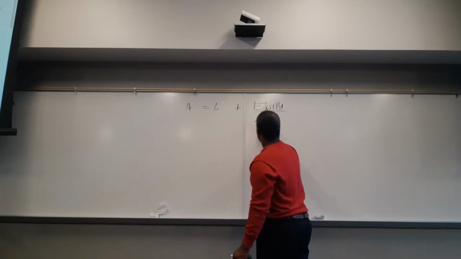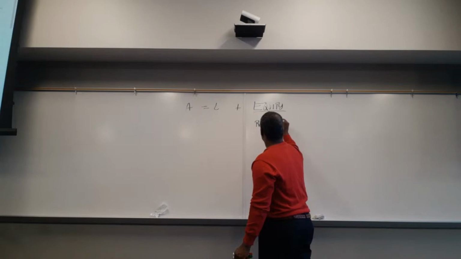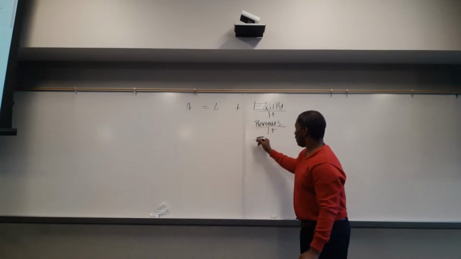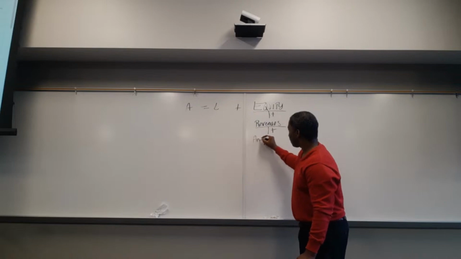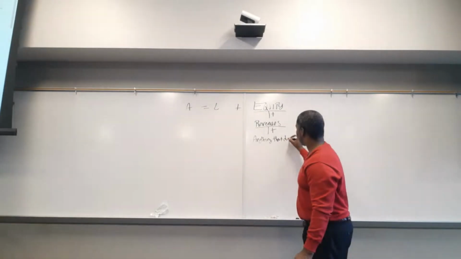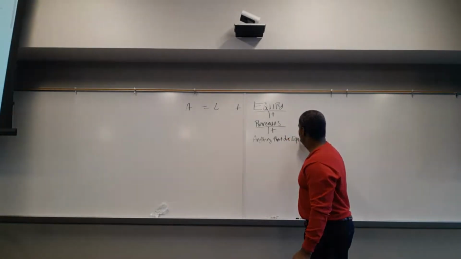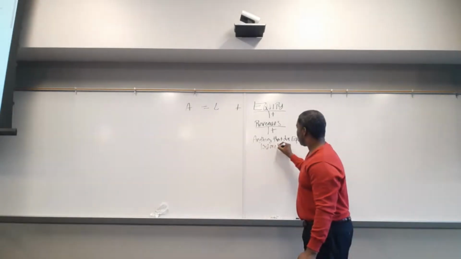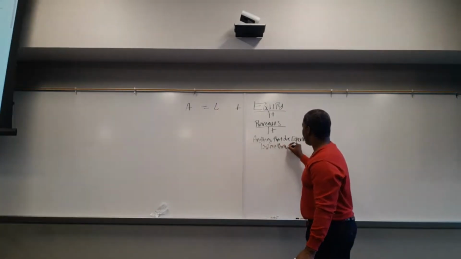We know that revenues increase equity with a credit. So anything that decreases equity is done through a debit.